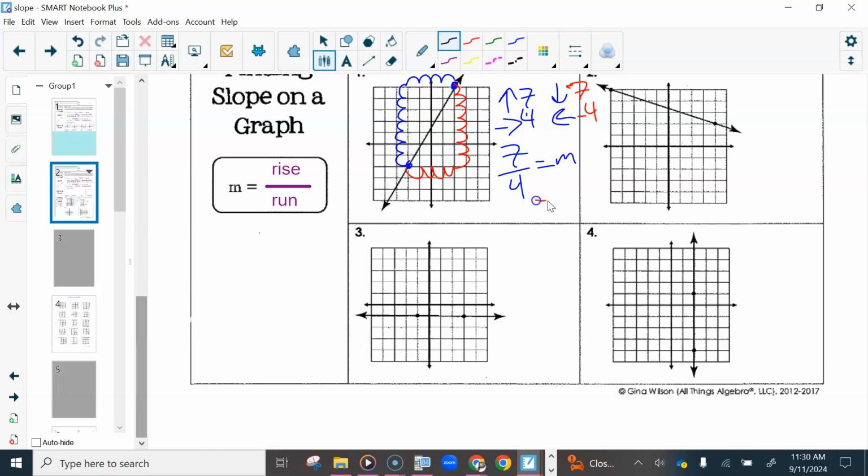So that would make it negative 7 over negative 4, but the negatives cancel. That's why it ends up being the same thing. It does not matter which way you count, as long as you go up or down first. Questions about that? Make sure you're putting m equals so that we know we're talking about the slope here.